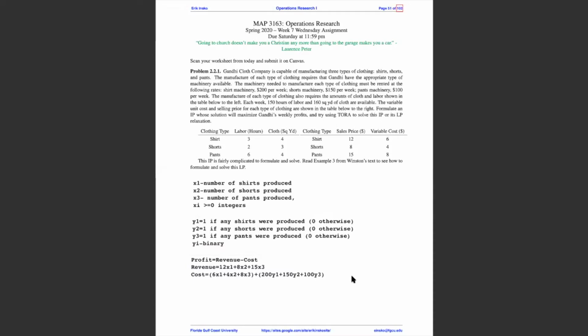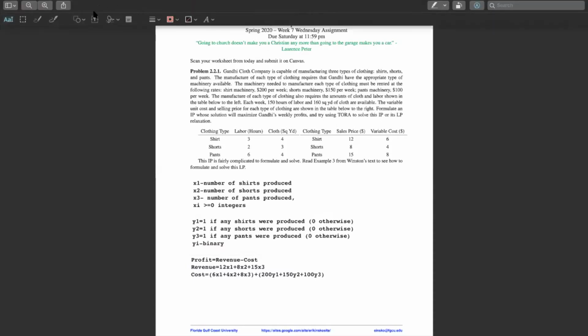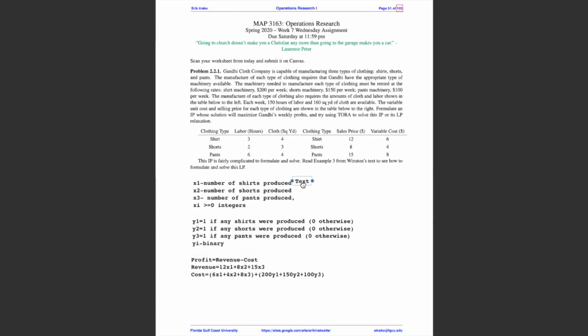This is the one that we would like to maximize, but now we need to see what our constraints are. And as we were reading through the question and looking at the table, we see that we have a constraint for labor, which is 3 for shirts, 2 for shorts, and 6 for pants.